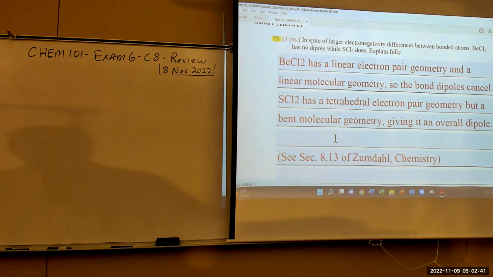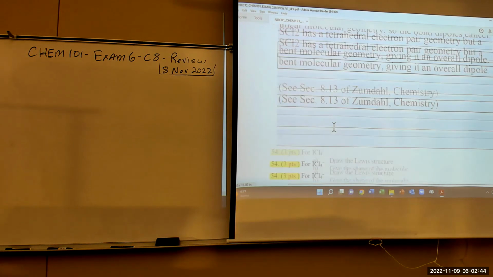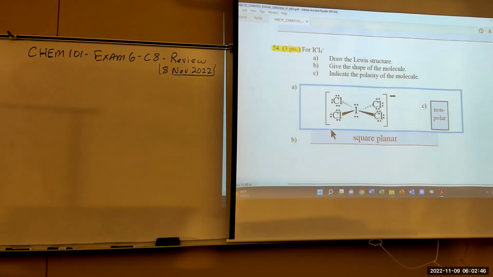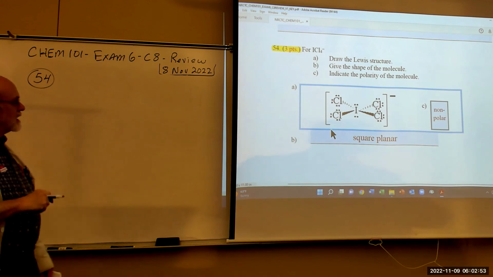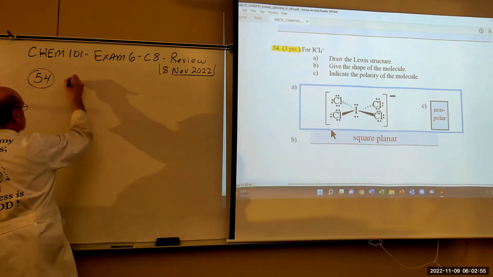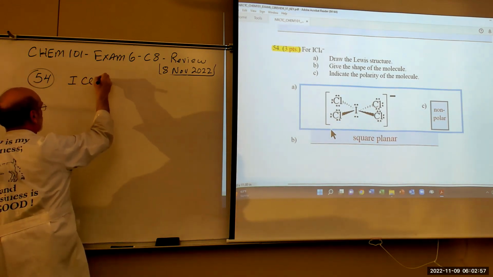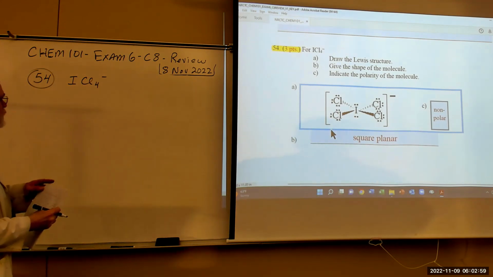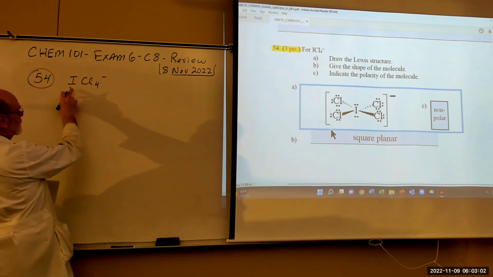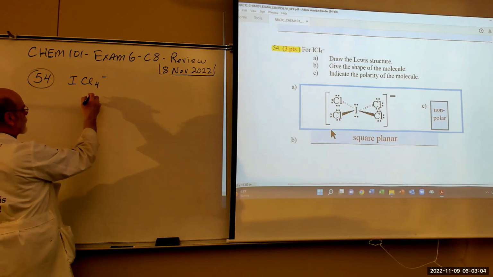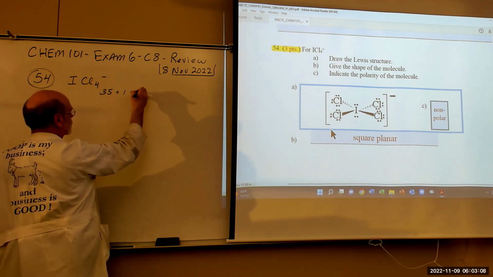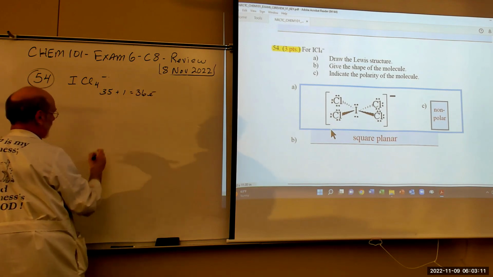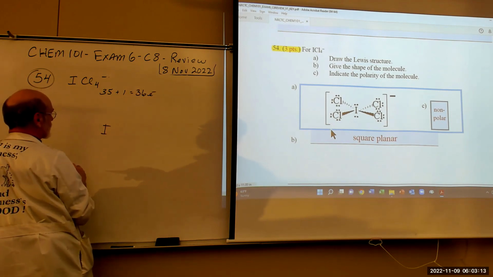All right, 53, 54. For ICl4 minus, draw the Lewis structure, okay? Both halogens, so 5 times 7 is 35, plus 1 equals 36 electrons. Okay. Iodine's in the center.